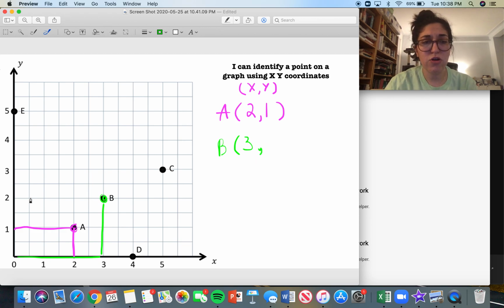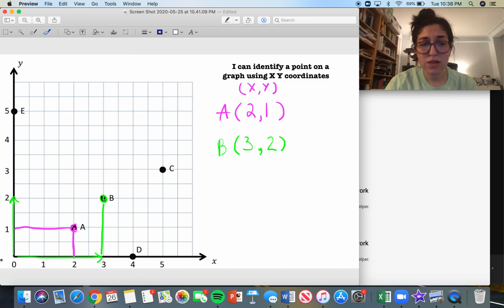And then how far up is it? Remember, it's this far across, up to 3. Now how far up is it? Well, it's all the way at 2. It went all the way to this 2. And so my coordinates for B will be 3, 2.